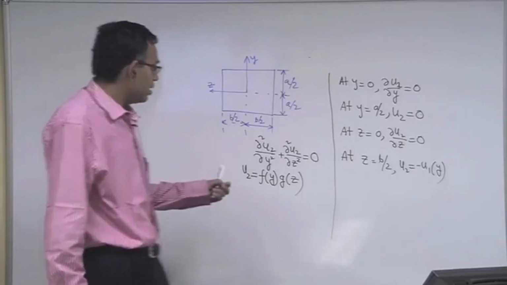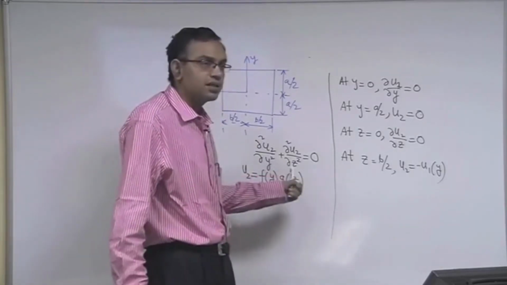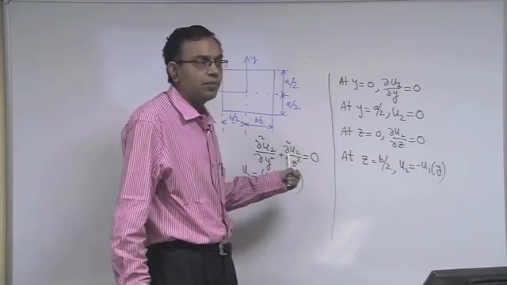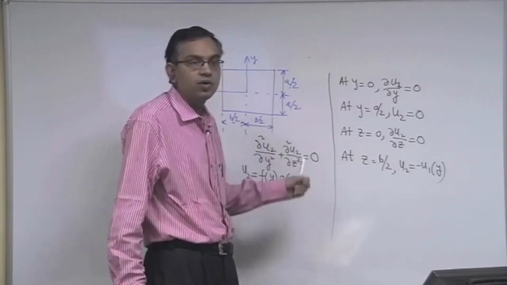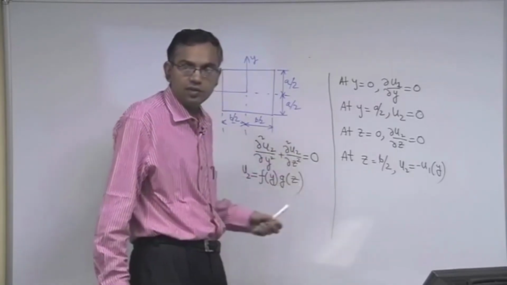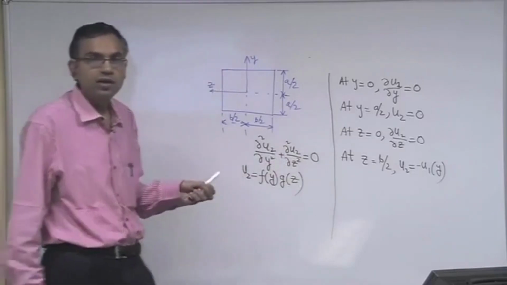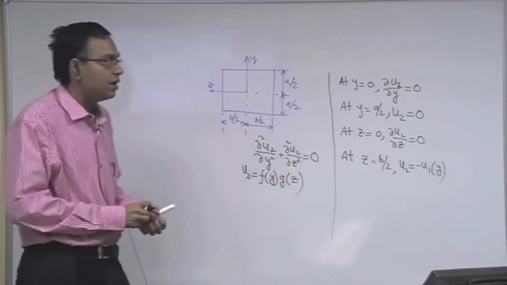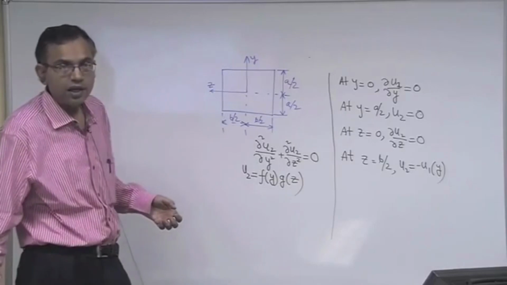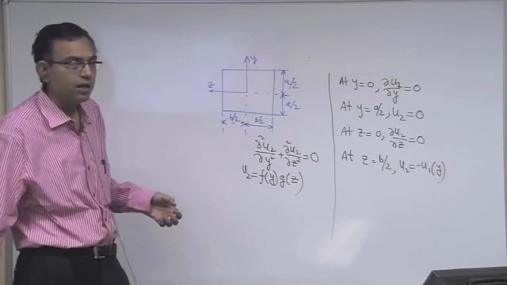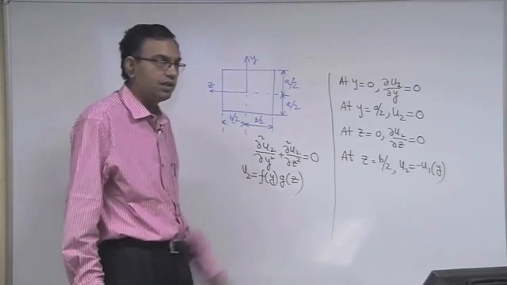Remember that the method of separation of variables is one possible way by which you can convert a PDE to an ODE, that is a partial differential equation to an ordinary differential equation, for which more convenient analytical solutions can be obtained as compared to the original partial differential equation.